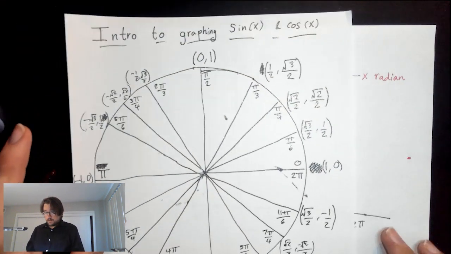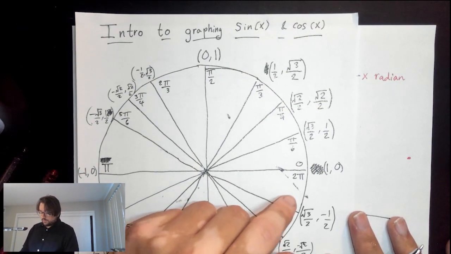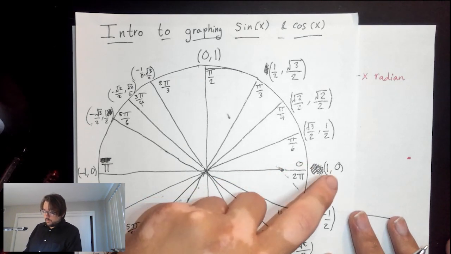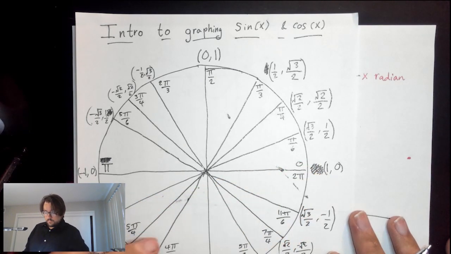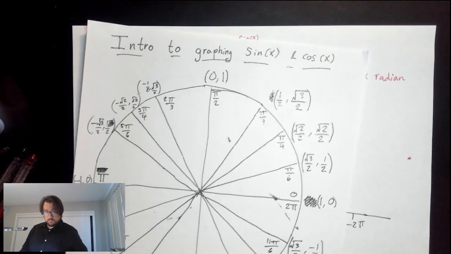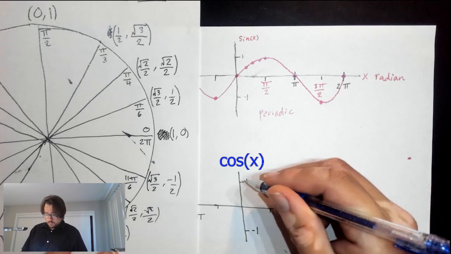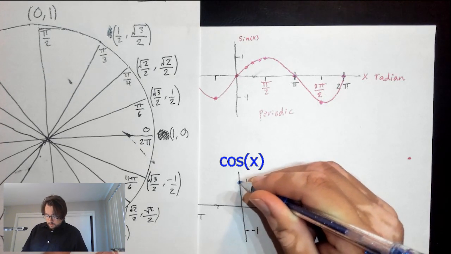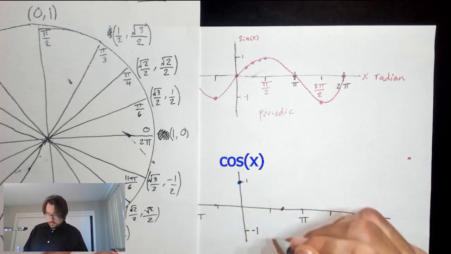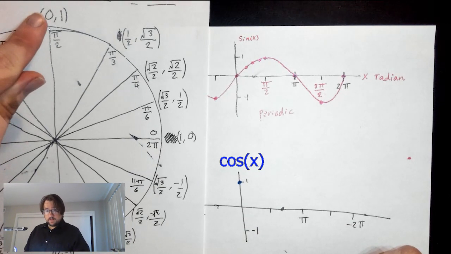Let's go back to our unit circle. For cosine of x, the cosine of 0 is 1. So on our graph, we'll start out with our cosine of 0 being at 1 rather than at 0. The cosine of pi over 2 is 0.